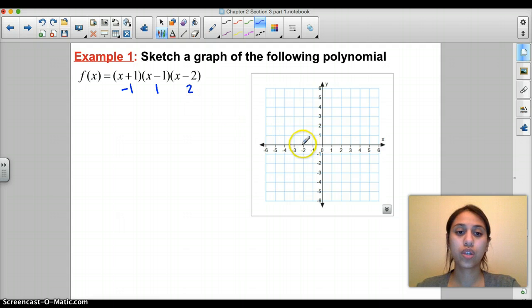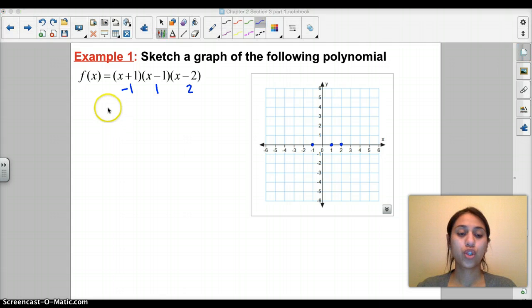So we can mark those here. Negative 1, 1, and 2. The way that we're going to graph this is by doing a sign test.